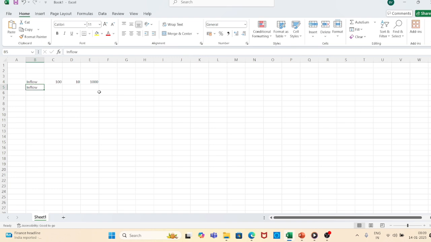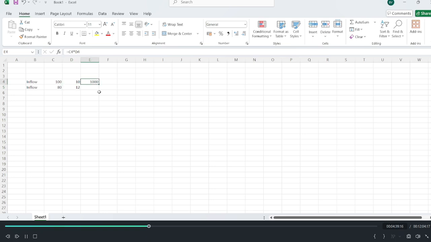Next inflow, 80 units at the rate of 12. Its value is 960. Now the total inventory is 180 and its total cost is 1960.